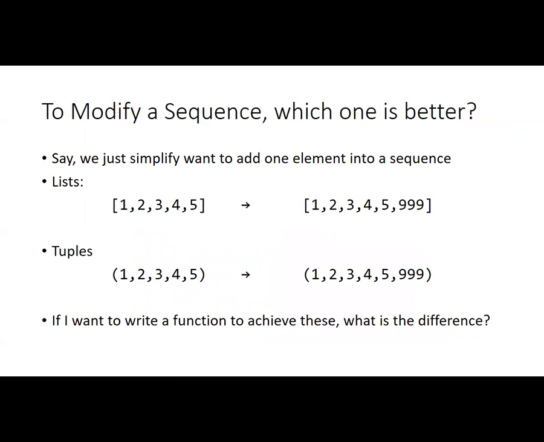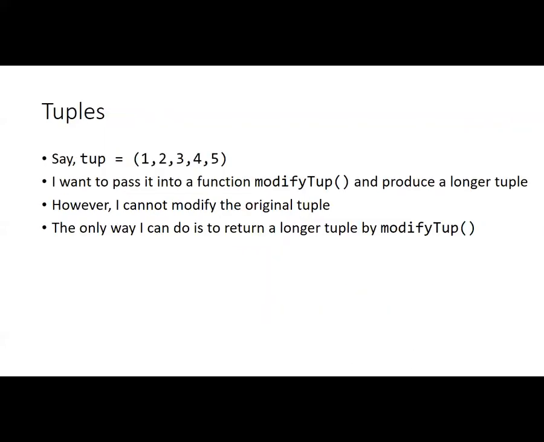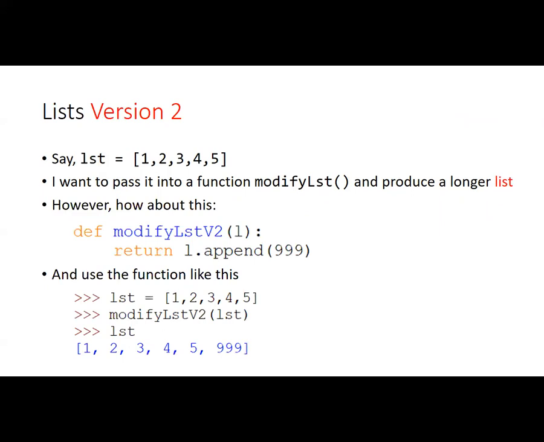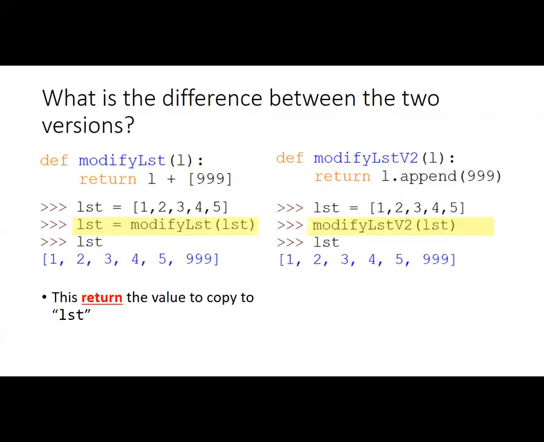Let's see if I can illustrate with my final example and also answer all those questions, okay? So this one is a pen, okay? Let's leave it hanging there and let's see if my illustration makes it more clear, okay? First of all, this is a list. This one will return the value to copy to LST, okay?